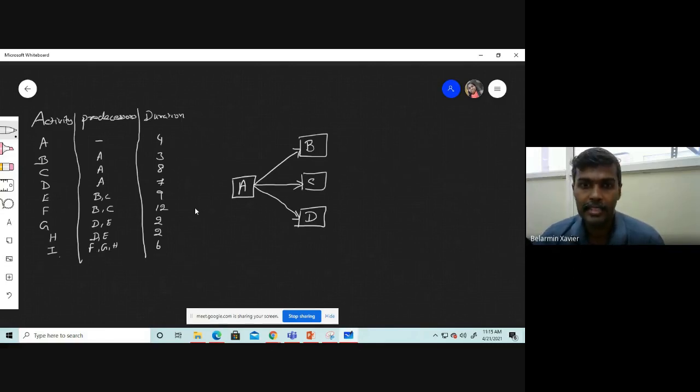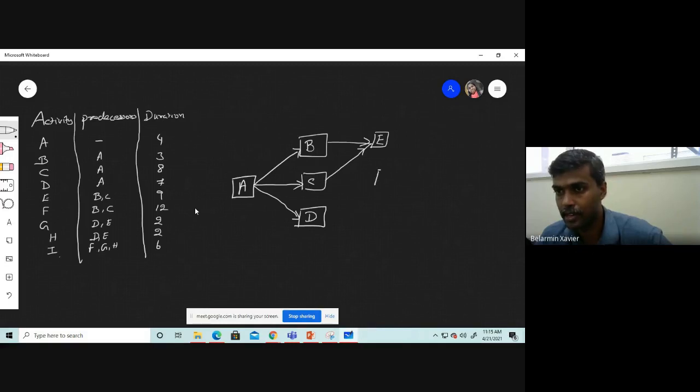Okay, next is activity E. Activity E has two predecessors, that is B and C. Next, activity F. Activity F also has B and C. So for example, if I am having F here, from C I can draw very easily, but from B when I draw, this will cross this particular line.